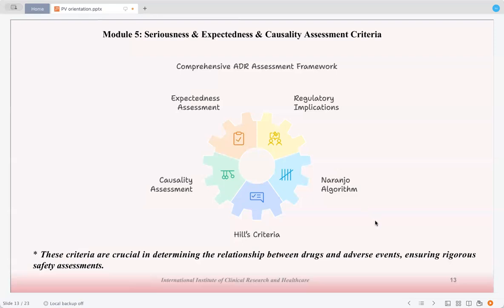That is Hill's criteria. This comprehensive framework is important in determining the relationship between the drug and the adverse event, ensuring rigorous safety assessments.